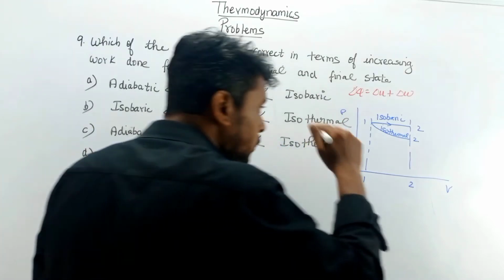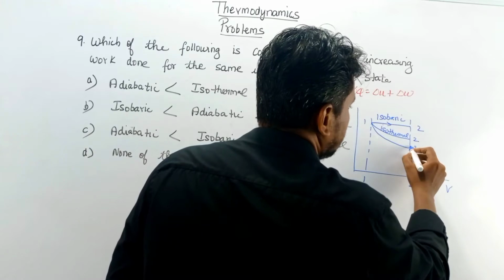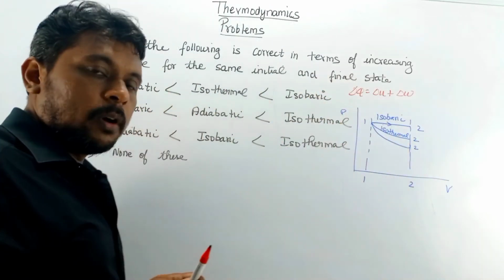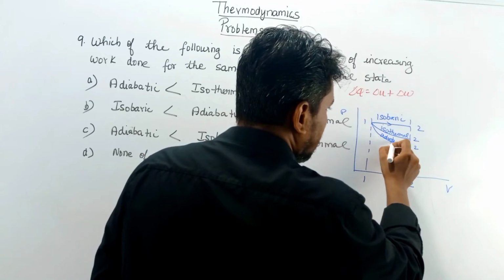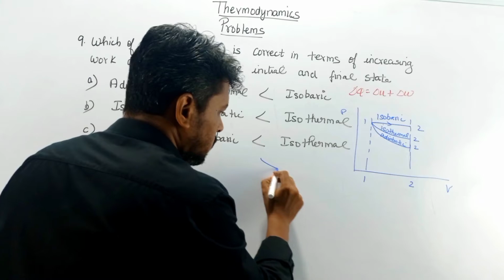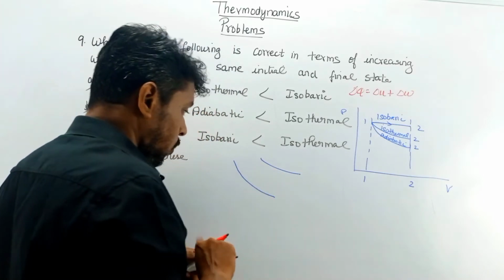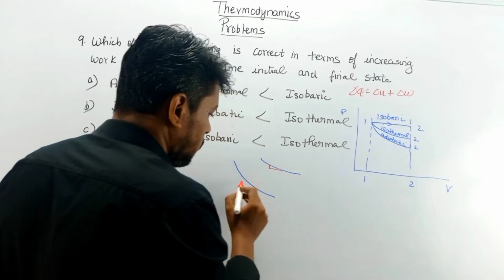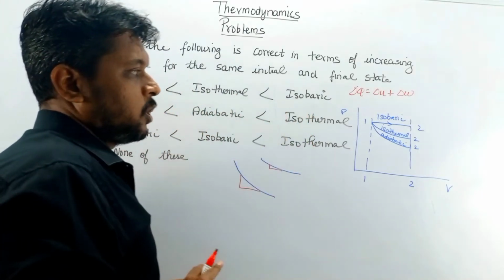So the curve will be a little bit steeper when compared to the isothermal process. See, this is isothermal and this is adiabatic. So this is the slope of adiabatic, and it is always greater than the isothermal process.